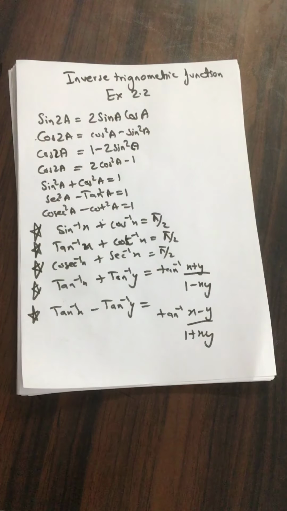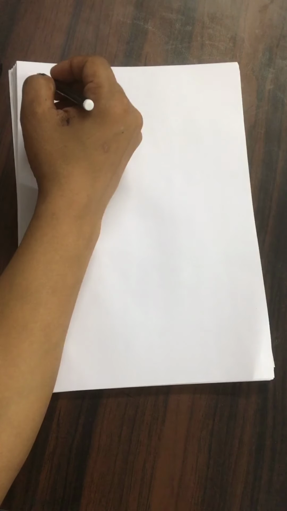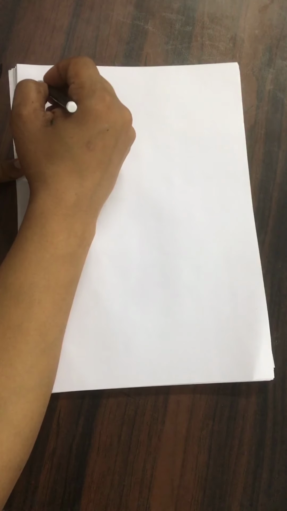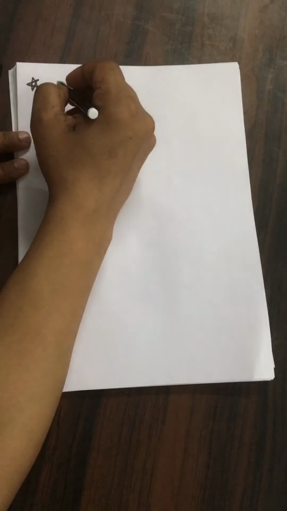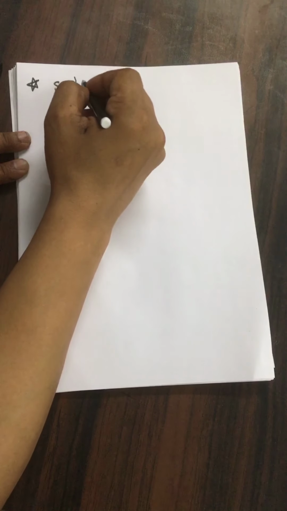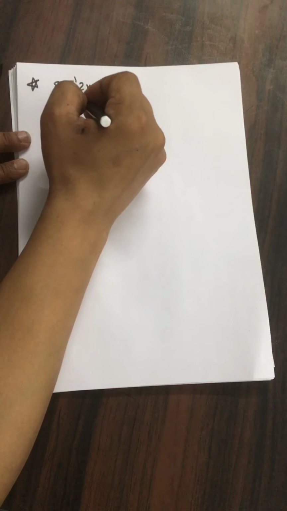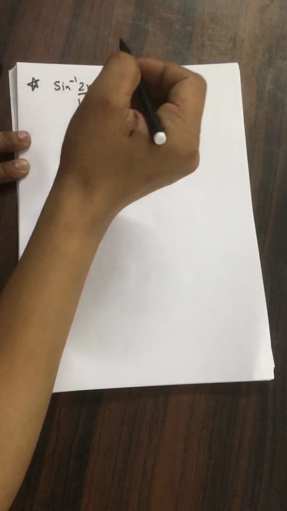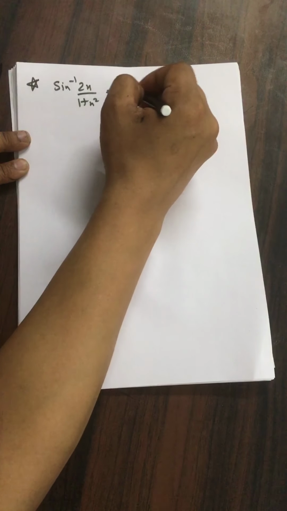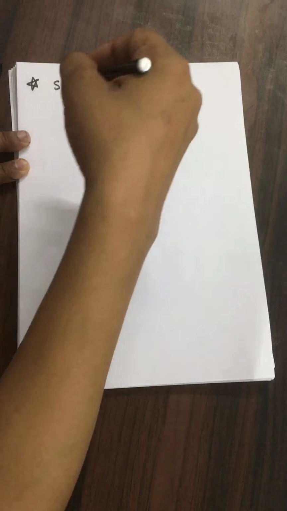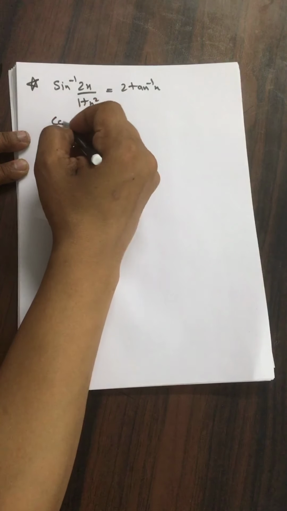Apart from this, there are some conversion formulas also. Let's make a note just now, because once we start using them, it will be a question from where this formula has come. Like sine inverse of 2x upon 1 plus x square becomes 2 tan inverse x. How to use it? Once you do questions, you'll understand.